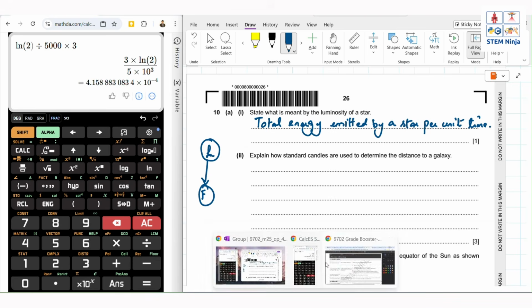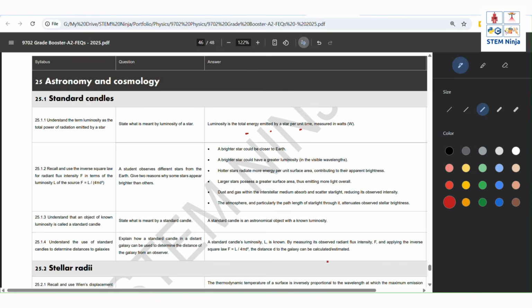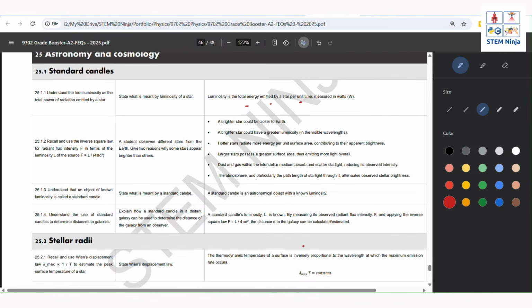And once again, this is also answered over here. Explain how a standard candle in a distant galaxy can be used to measure this.